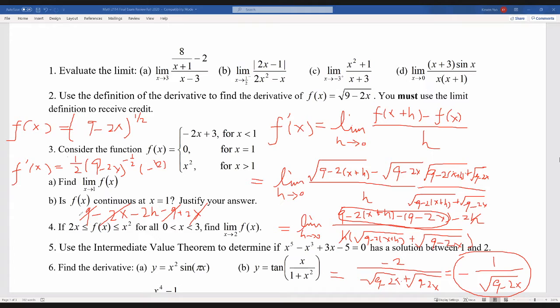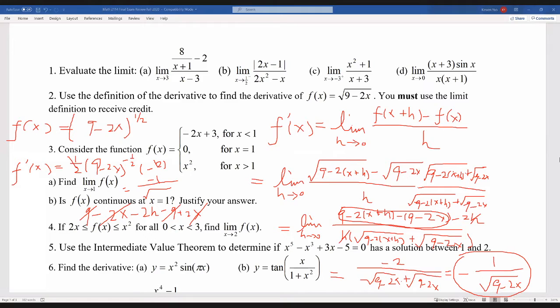The 2 and the one half cancel out, so it becomes negative 1 over the radical 9 minus 2x. Same answer: negative 1 over the square root of 9 minus 2x.